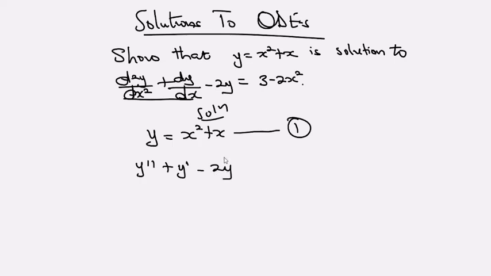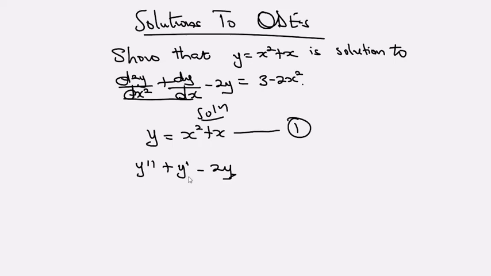So in this question, we need to determine our y prime prime and our y prime. And in this case, this y has been given to us, x squared plus 6. So we need to find y prime and y prime prime.